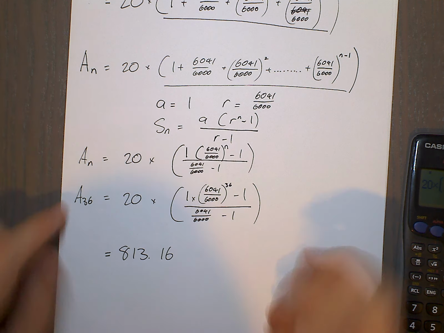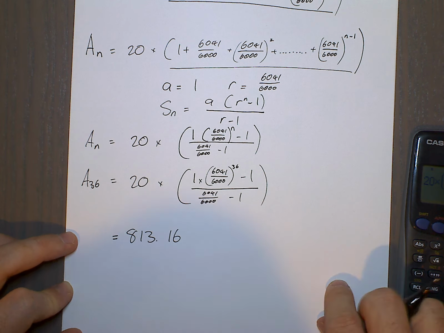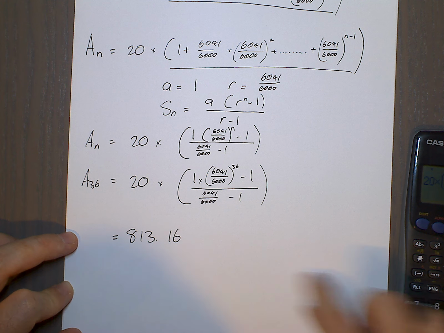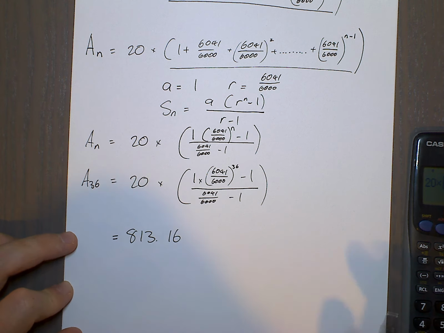Just the way I'm trying to get my students to set this good habit, there's our answer, but we should write it out as a sentence. Because we were given a worded problem, we should probably answer it in the same way.